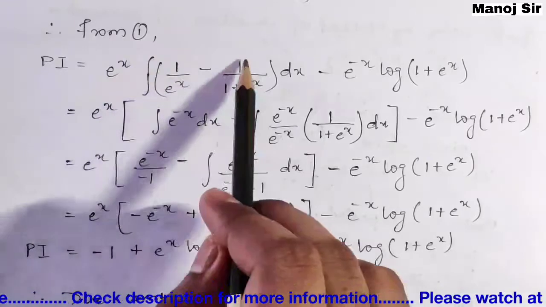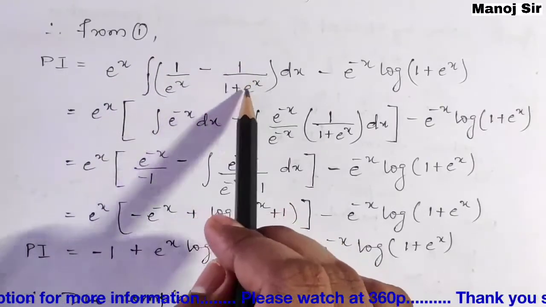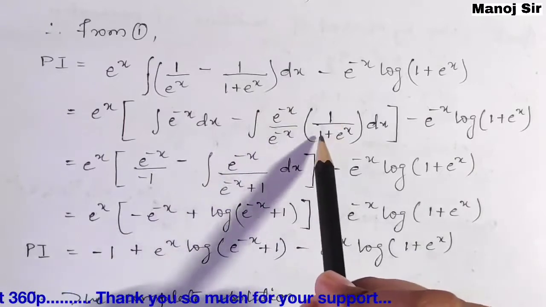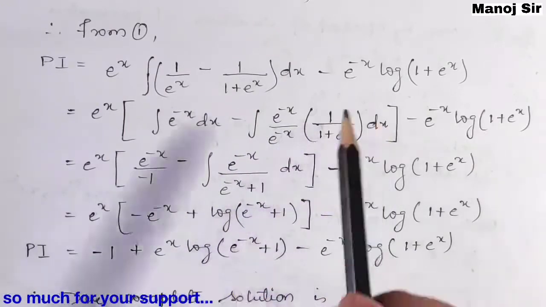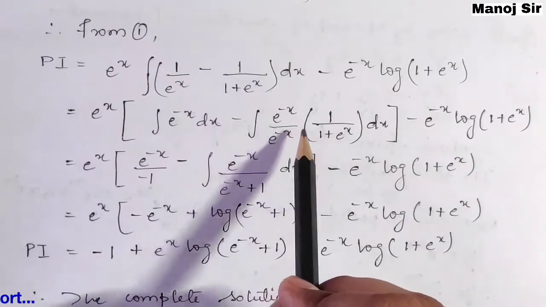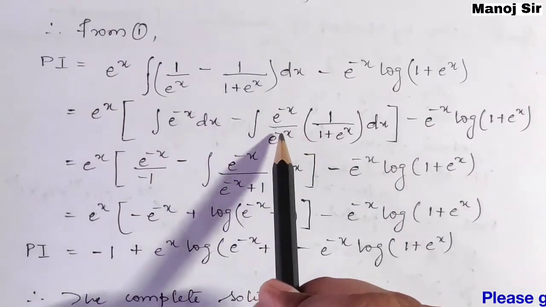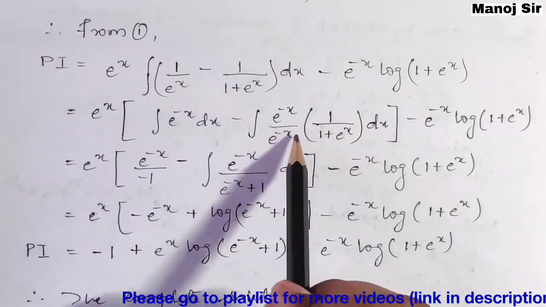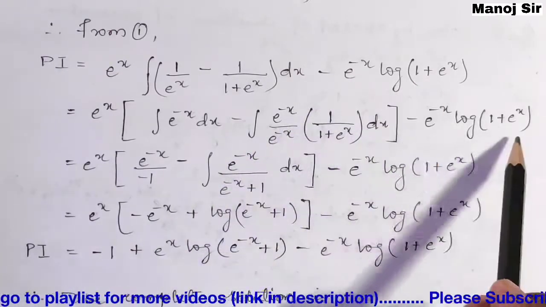Integration of 1 upon 1 plus e to power x dx can be written as, yes, here we have 1 upon 1 plus e to power x dx, but here what we are doing is multiplying and dividing by e to power minus x. Now this part is as it is.